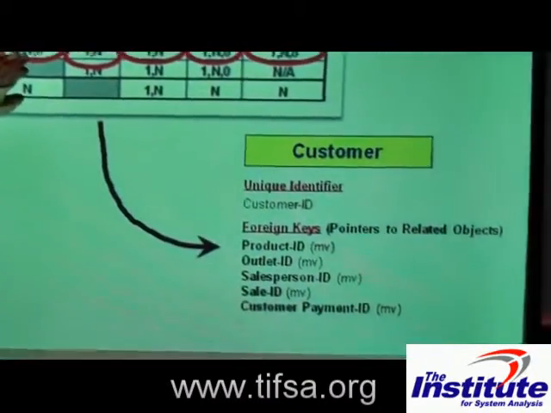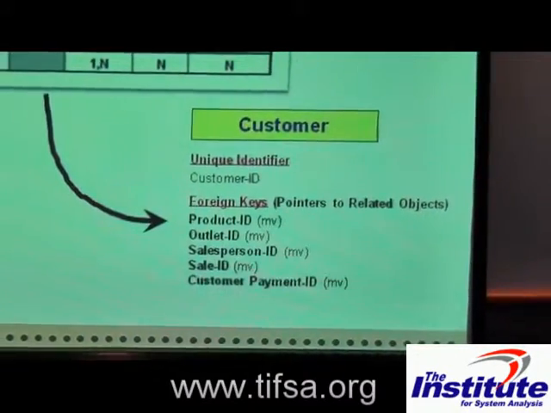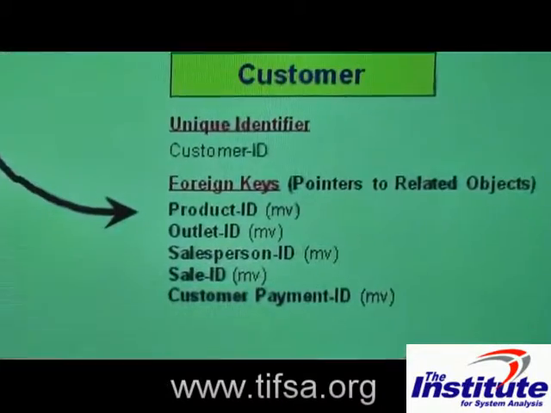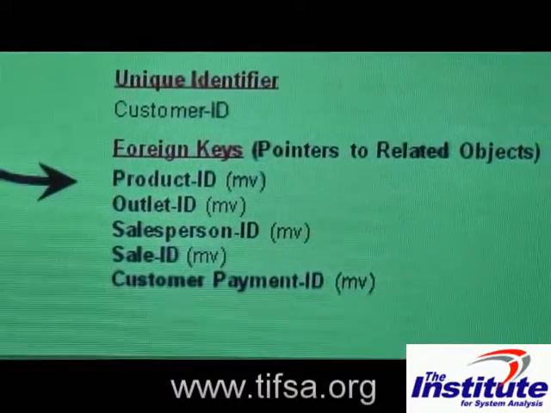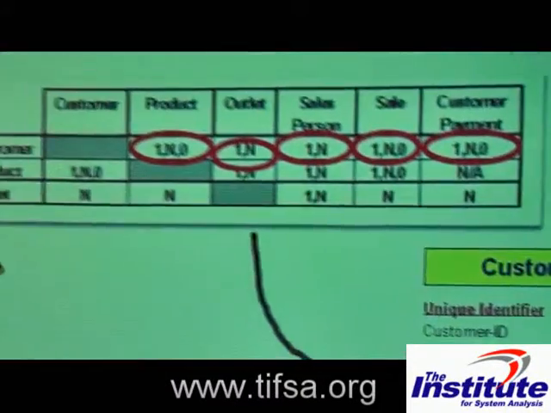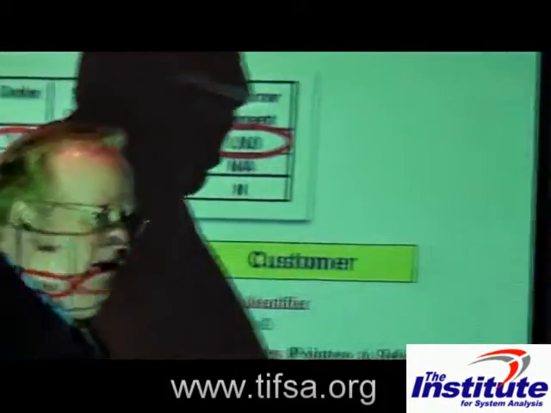And from a business analysis perspective, all we do is say product ID. We don't worry about the composition or the technical name. So here we have product ID. We also have outlet ID as well. And the MV behind it means it's multi-valued. Whenever there's an N in here, we put the MV behind it, meaning there could be several. So that information is now available to the database designers.